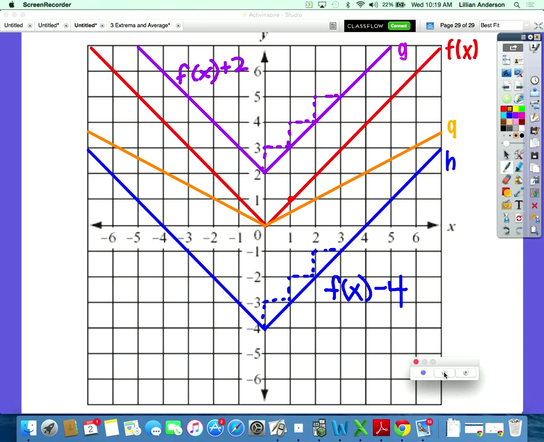Who thinks they got it? Manny, what you get? F parentheses 2x. So you're saying I'm horizontally stretching this by a factor of 1/2. That's what you're saying. Okay. Well, let's see. That means that I'm multiplying all of my x values by half.